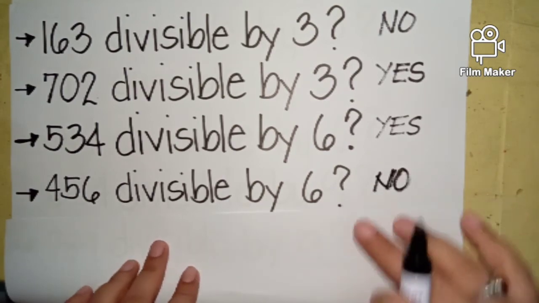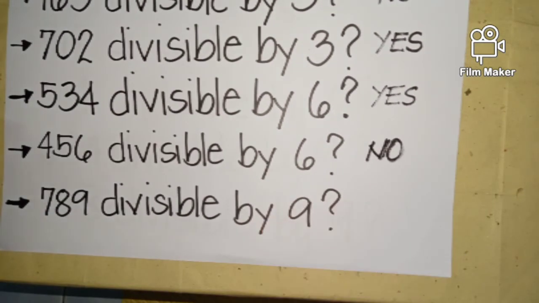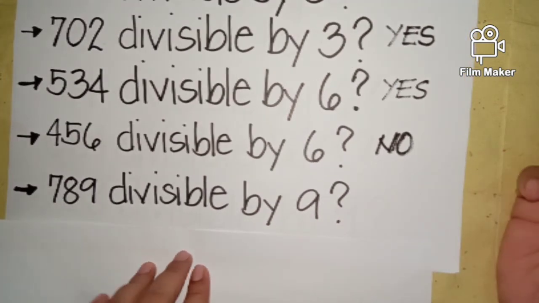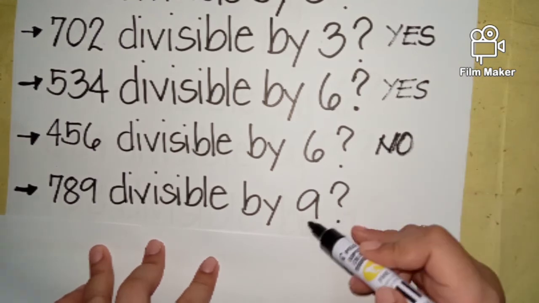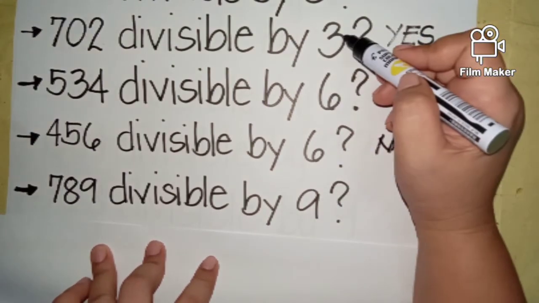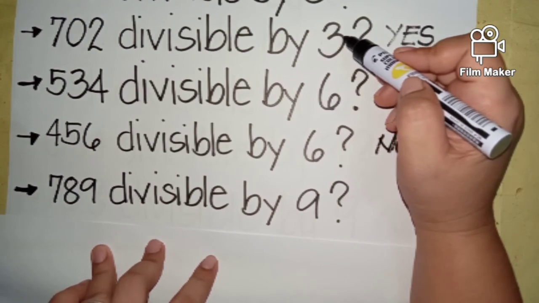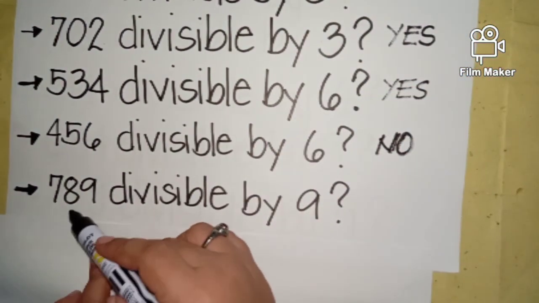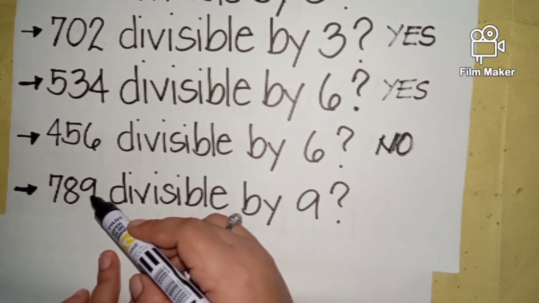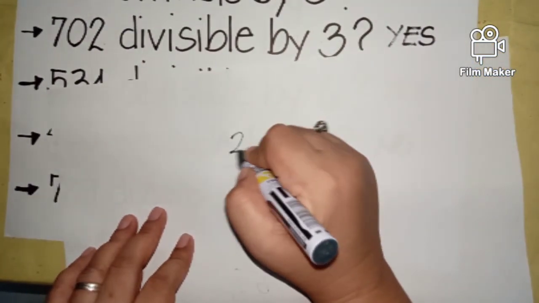Okay, last. 789. Is it divisible by 9? So, the rule of 9 is the same with the rule of 3. We're going to add the digits. 7 plus 8 is 15. Plus 9 is 24. Then, let's divide 24 by 9.